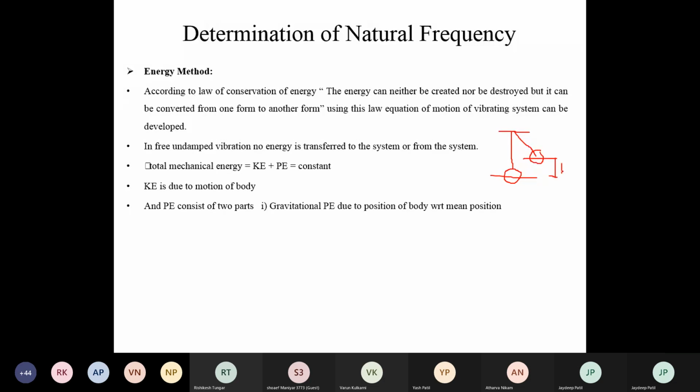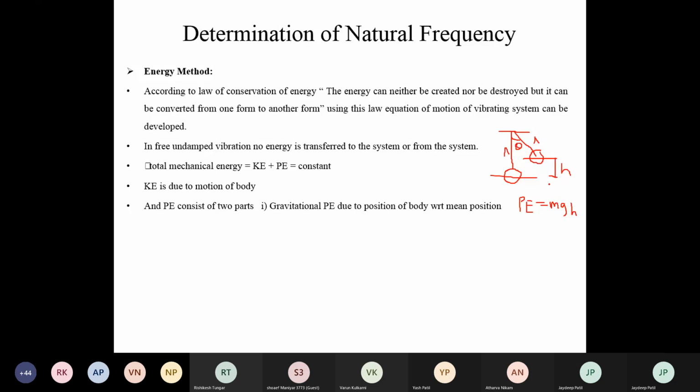In that case, potential energy is equal to mgh. You have to find this distance h, because the length L is given and this angle theta is given. By using these terms, you have to find h.